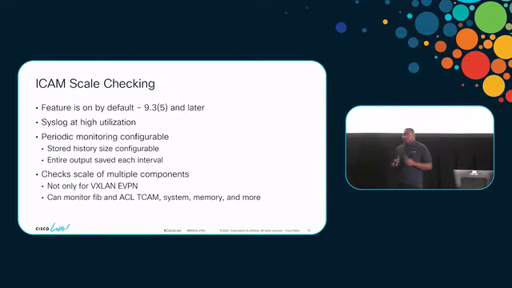So with ICAM data, we have 3 different triggers. We have an on-demand trigger, and that's going to be via show commands. A periodic trigger, which is where we configure the switch to collect scale data based on an interval that we configure. And lastly, there's a utilization-based trigger. And this is going to trigger a syslog whenever a certain utilization threshold is reached.